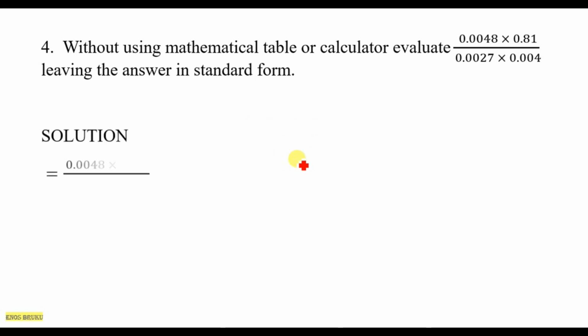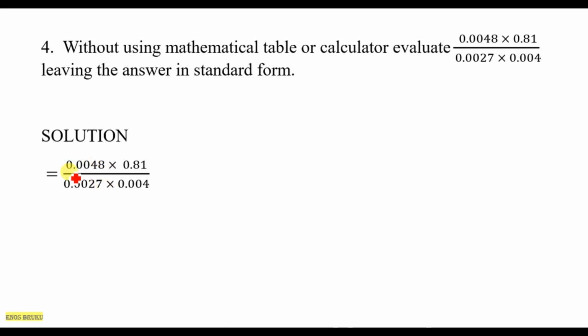Okay, so the question we have here is 0.0048. So when you look at this, we have 48 here, and then we have 4 here, and 4 is a perfect factor of 48. 27 is also a perfect factor of 81. So if we can do something to the question so that we'll have 48 here, 81 here, 4 here, and 27 here, then it will be easier for us to cancel.